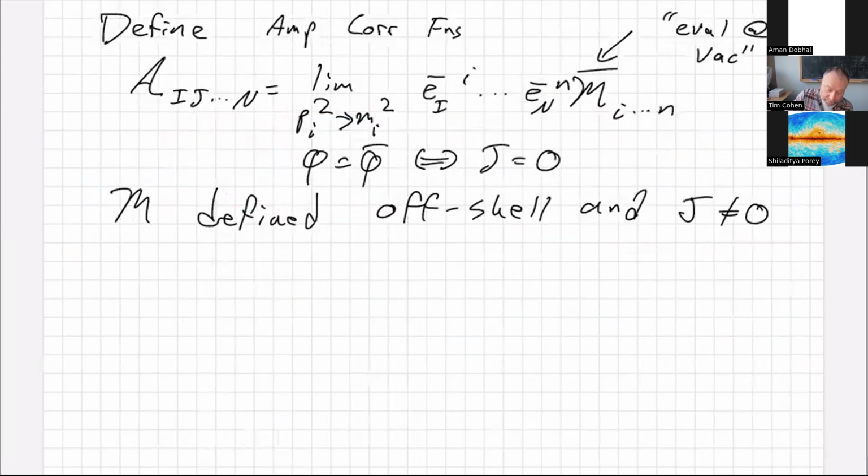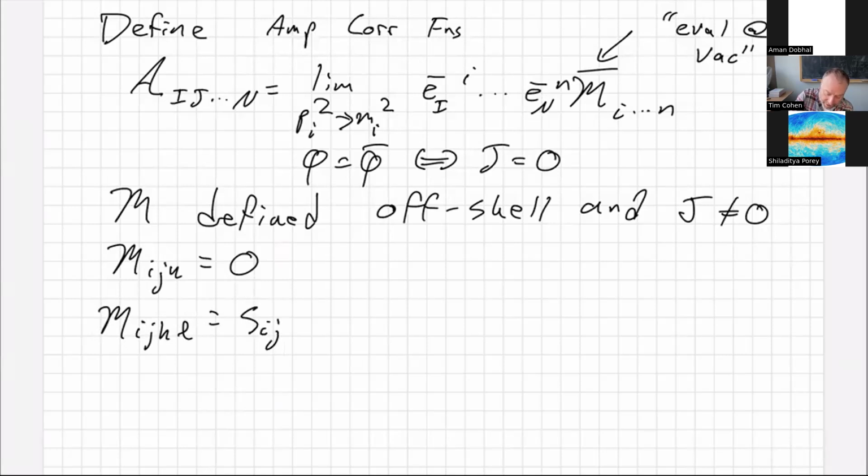Okay, so now with these definitions in mind, if we just take this theory, this one here, and we compute these amputated correlation functions, then what we find is Mij, the 3-point, is 0. Mijkl takes the following form, Sij Rij, sorry, Ri Ikjl plus Sik Rijkl, okay?